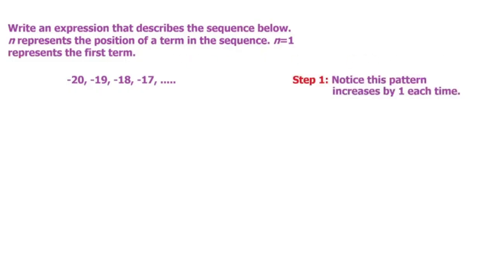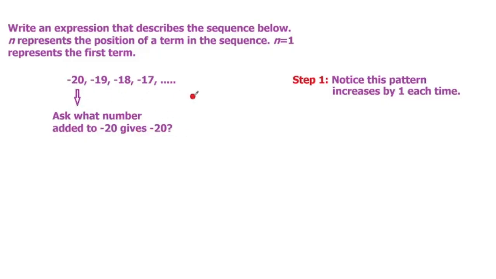Okay, so first step is notice this pattern increases by 1 each time. Okay, so minus 20 plus 1 becomes minus 19. And then minus 19 plus 1 becomes minus 18, and so on. Okay, but what you have to do is ask what number added to minus 20 gives minus 20.